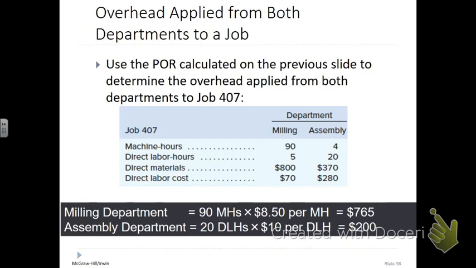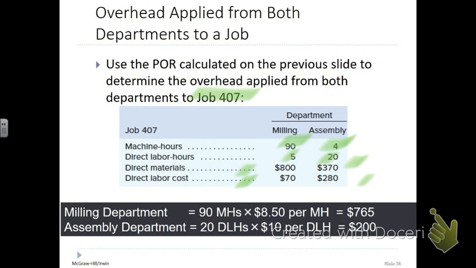Now they can go ahead and take a look at the job. Notice in this particular case, job 407 used various amounts of machine hours and direct labor hours. They had direct materials and they had direct labor.